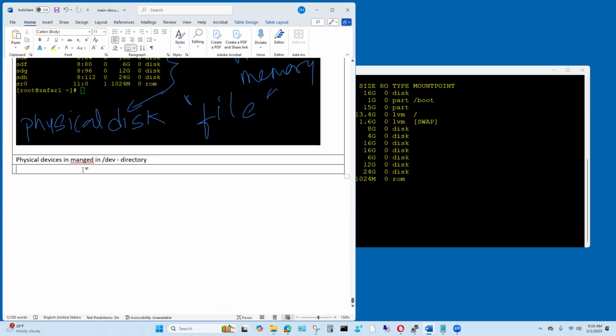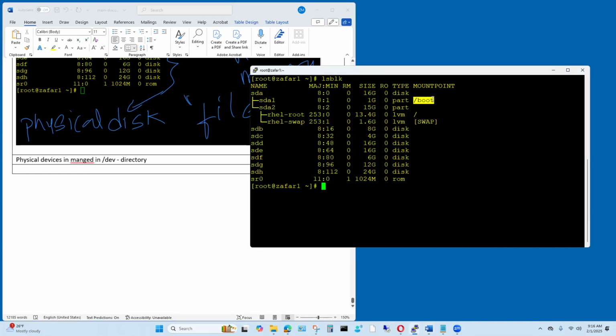Actually, I will show how we do this. We'll delete SDA, and then see the operating system is gone. That is where the boot process is. When you power on the switch on the server, these are the essential files for the init process.